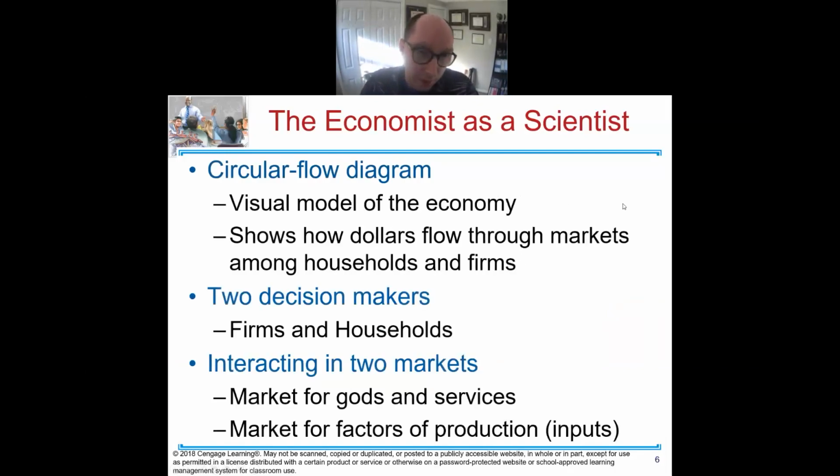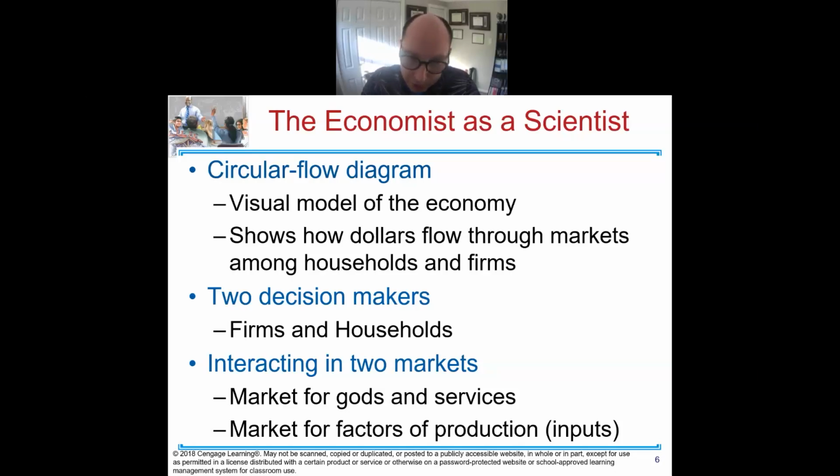In economics, we visualize the economy using this thing called a circular flow diagram. The circular flow diagram shows us how US dollars flow through markets within a house, with a company, within the global economy, and with the country. It's a visual representation of the flow of money.